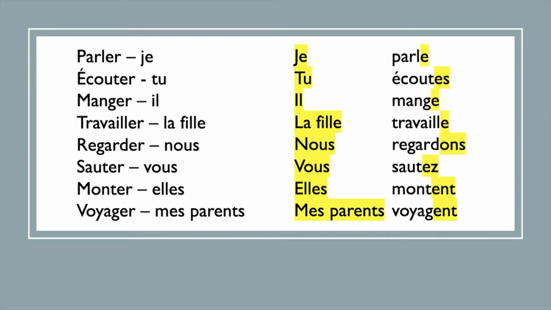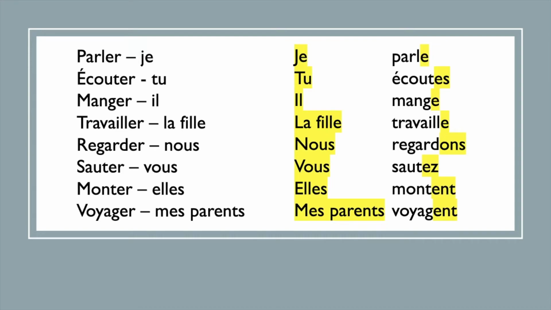Let's look at further examples here. Parler for je becomes je parle. Écouter for tu becomes tu écoutes with the ES as we saw before. Manger, il mange. Travailler, la fille travaille. Again here, la fille is third person. It's like elle travaille, la fille travaille.